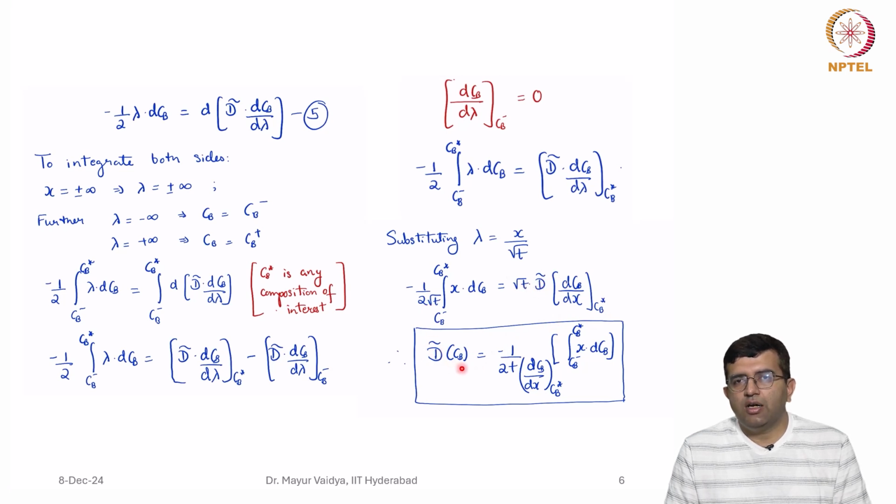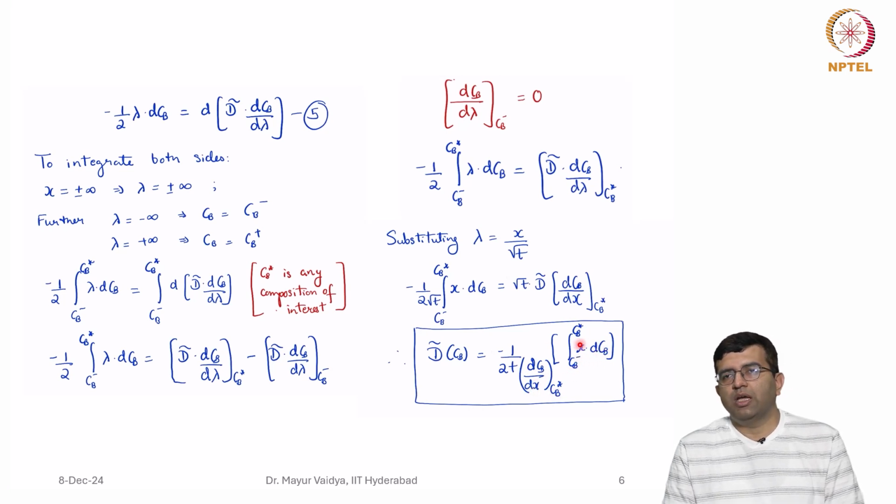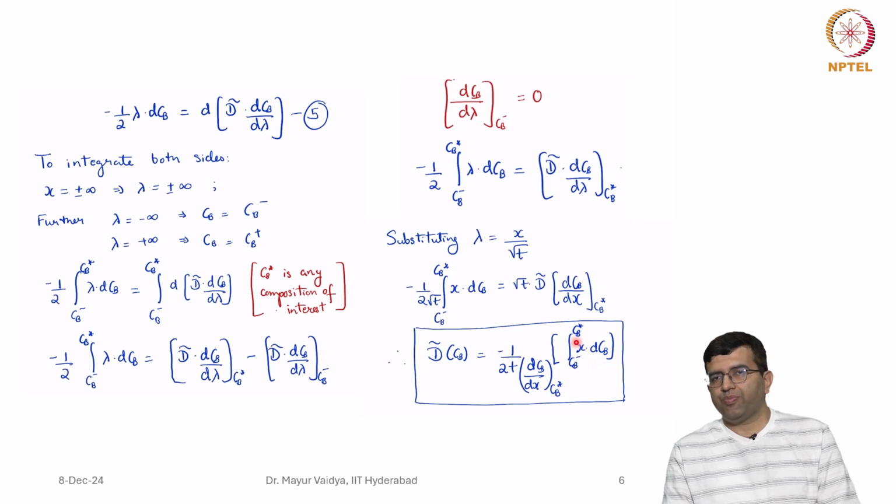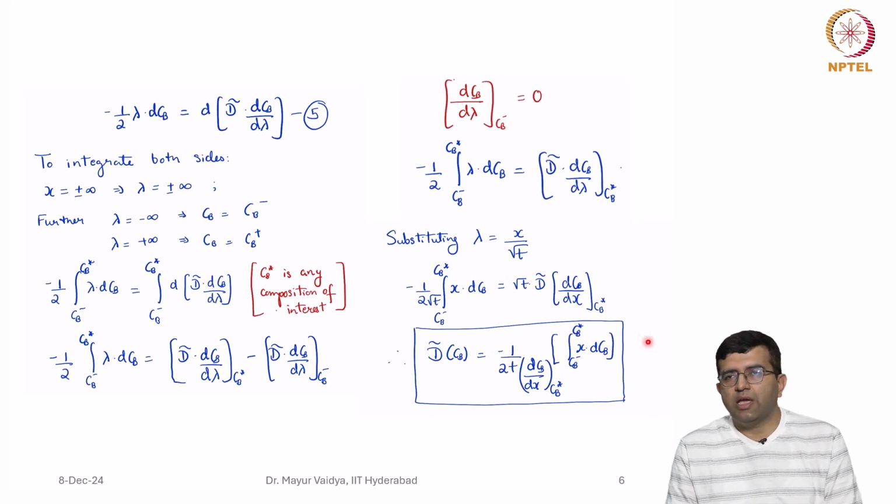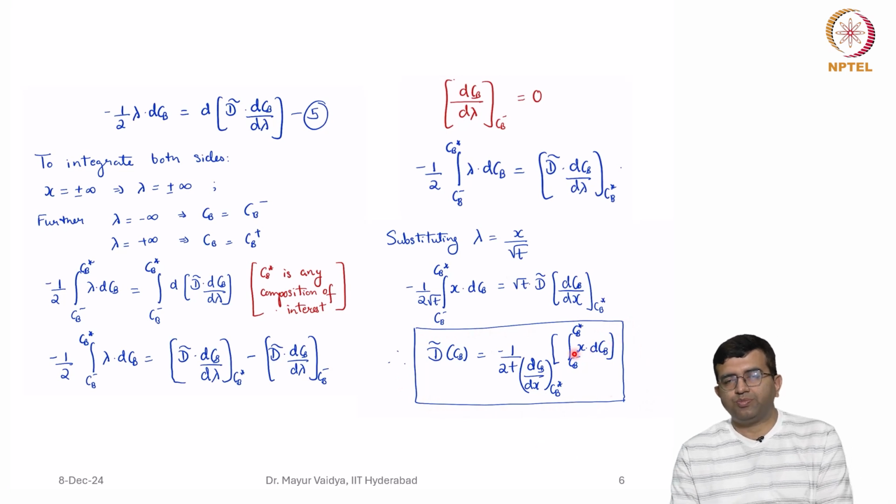So, d tilde of Cb is equal to minus 1 by 2t, and in the denominator you also have dCb by dx at Cb star, times the integral of x dCb from Cb minus to Cb star. Is it clear? So, this is the expression for the interdiffusion coefficient.